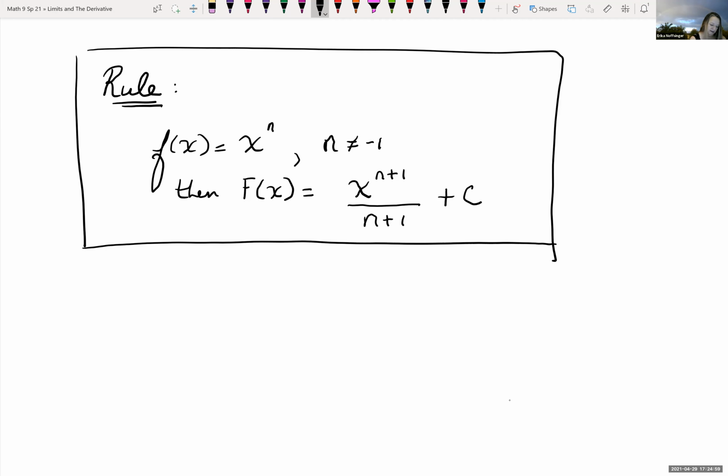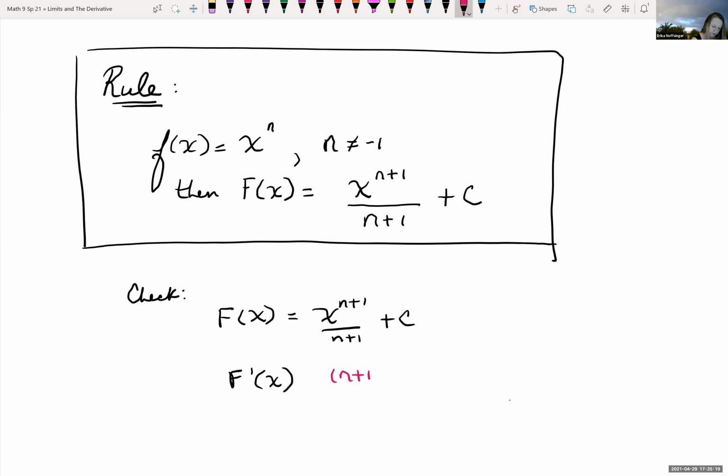Again, we can check. If we took the derivative of this x to the n plus 1 all over n plus 1 plus c, bring our power down front, we have n plus 1. Subtract 1 from our exponent. That was all over n plus 1.